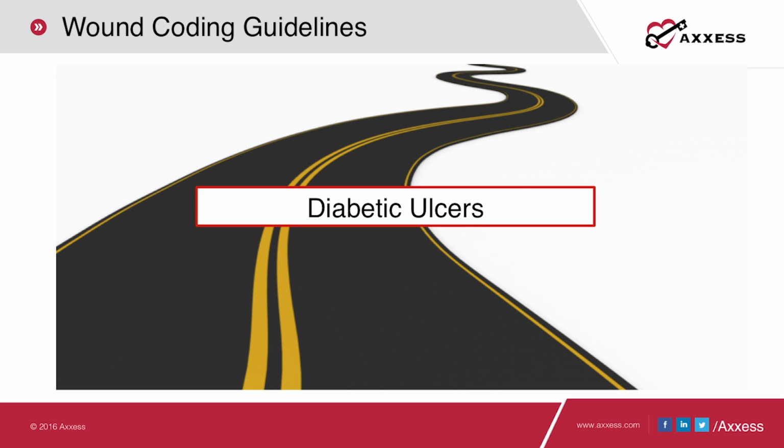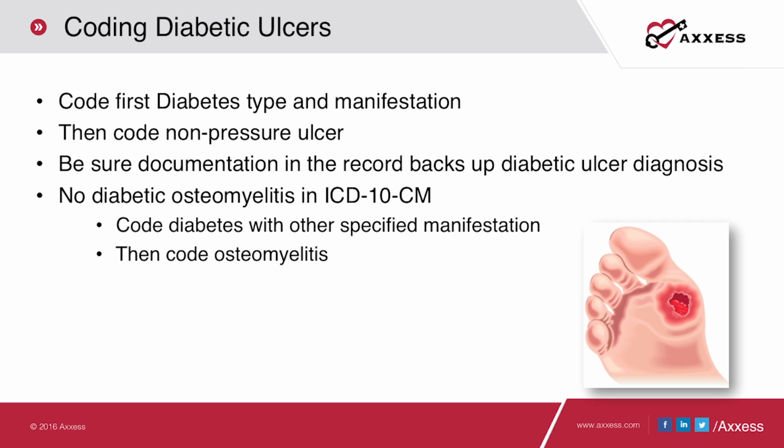All right, let's talk about diabetic ulcers for a moment. When you're looking at the diabetic ulcer coding, it tells you in the diabetic ulcer code category to code first diabetes type and manifestation, then you're going to code a non-pressure ulcer. You need to make sure the documentation in the medical record from the physician or the facility backs up your diabetic ulcer diagnosis.